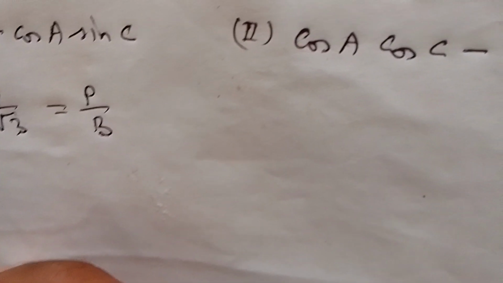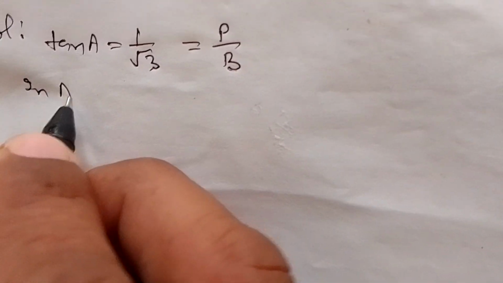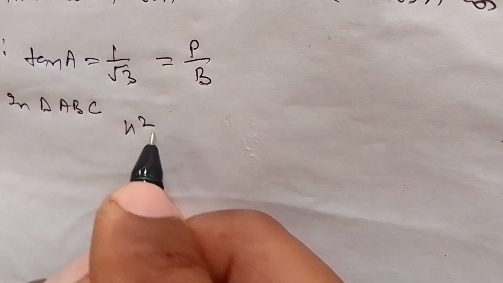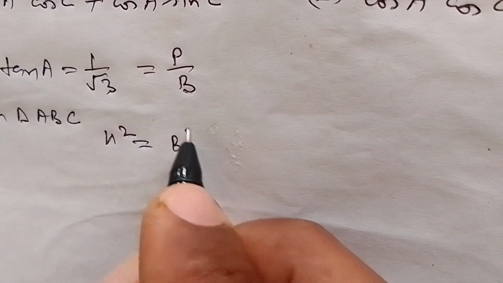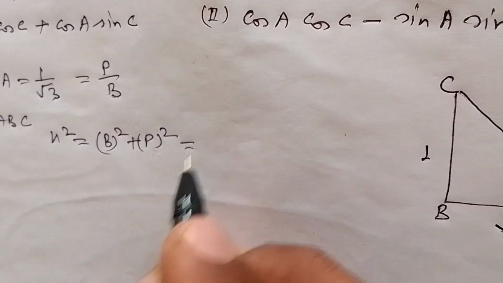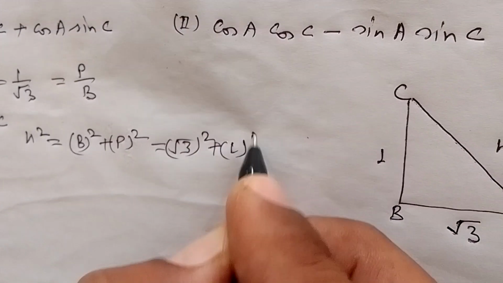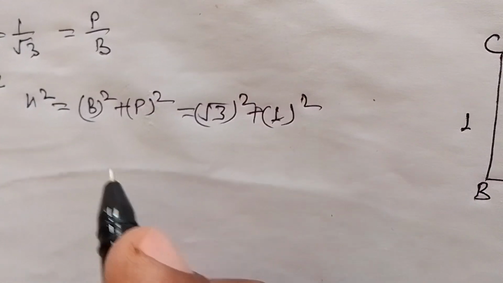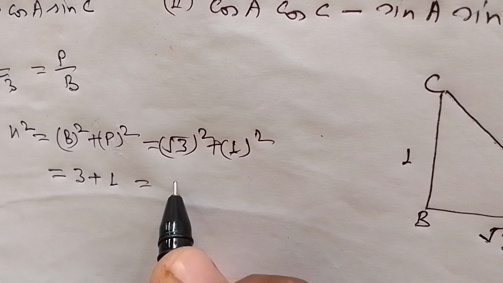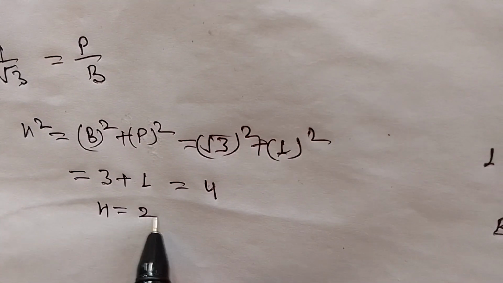In triangle ABC, hypotenuse square is equal to base square plus perpendicular square. By putting the values, base square root 3 square plus 1 square, that comes out to be 3 plus 1 is equal to 4. So hypotenuse comes out to be 2.